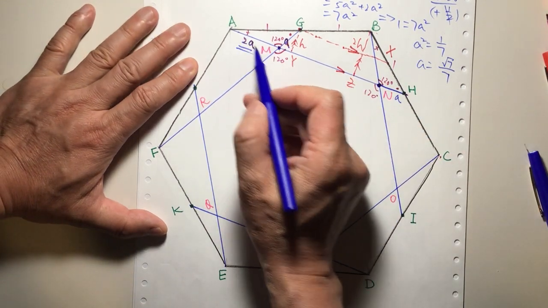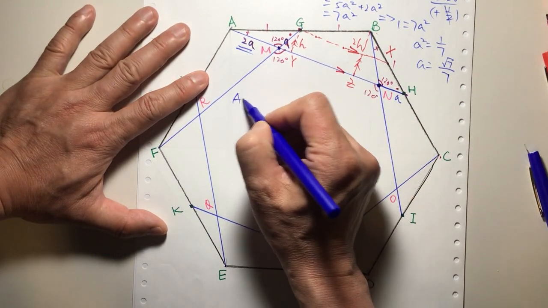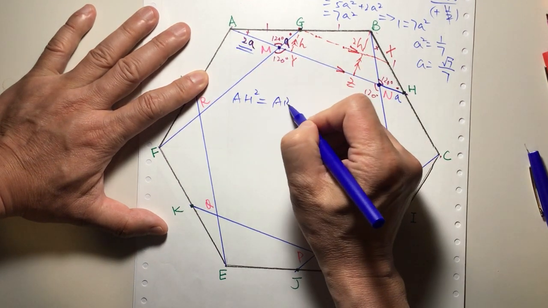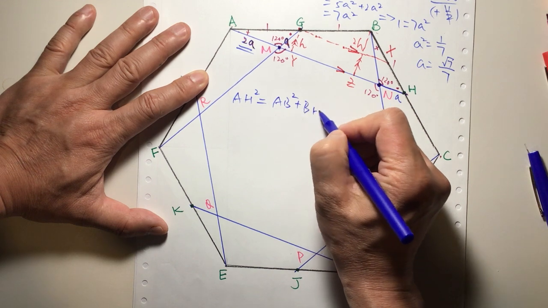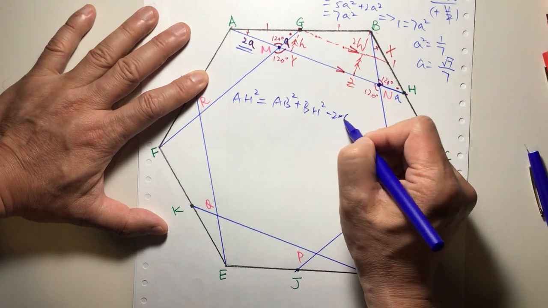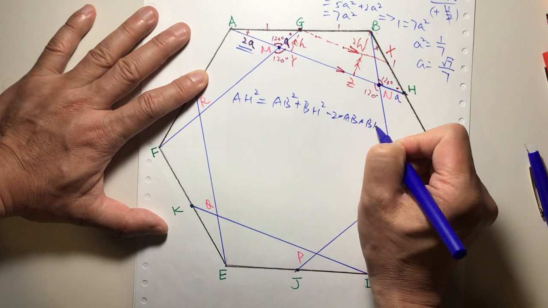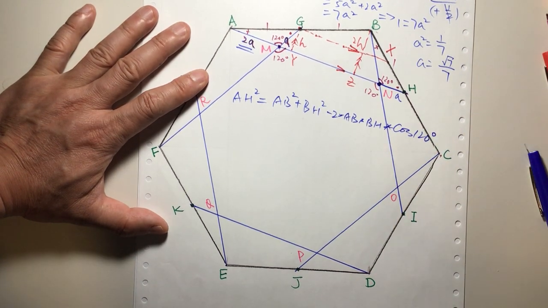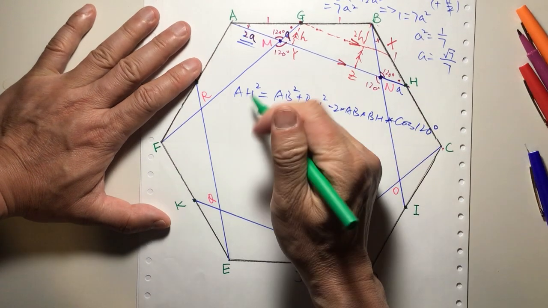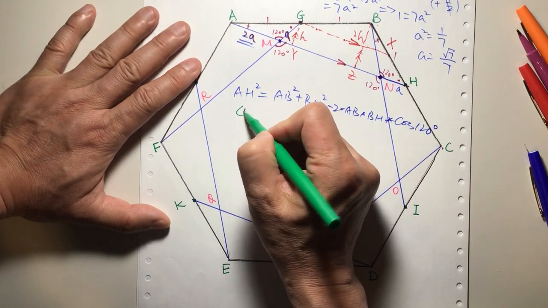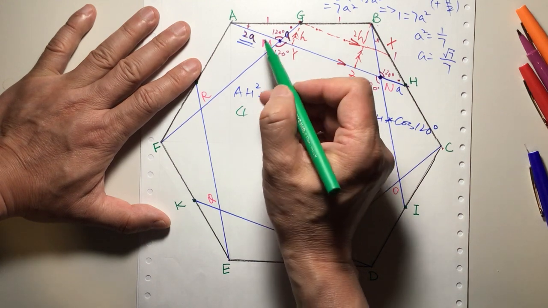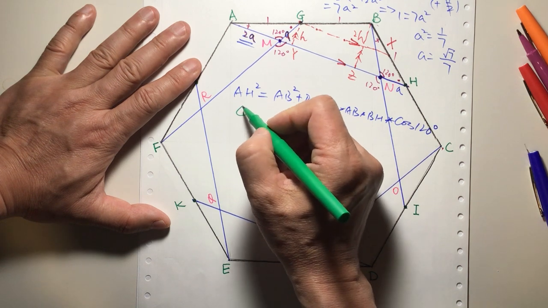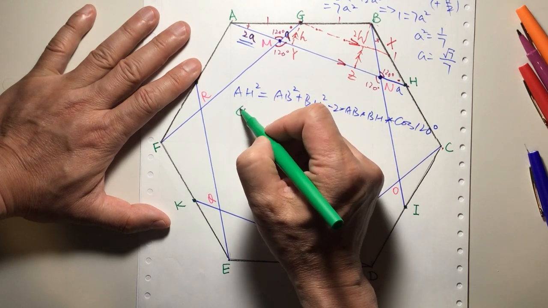Yes, we can use the cosine law again. I mean AH squared equals AB squared plus BH squared minus 2 times AB times BH, also times cosine 120 degree. So AH squared is what I need, right?